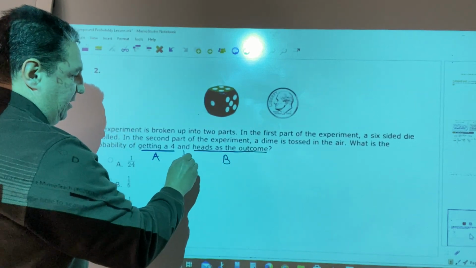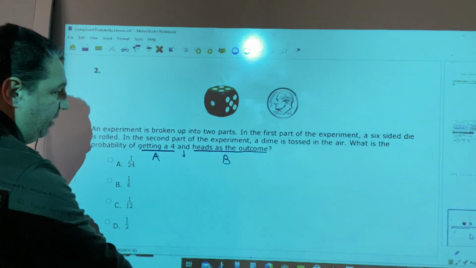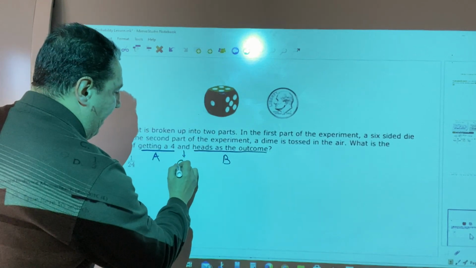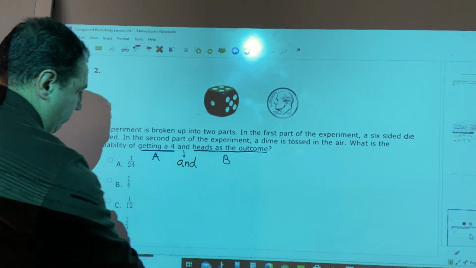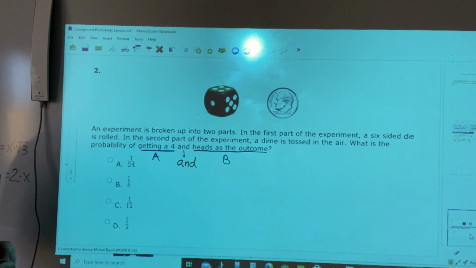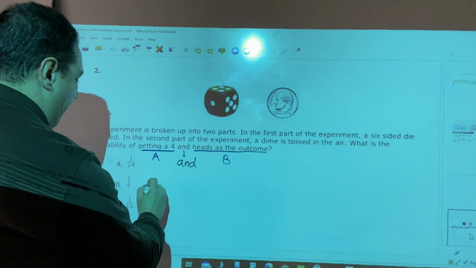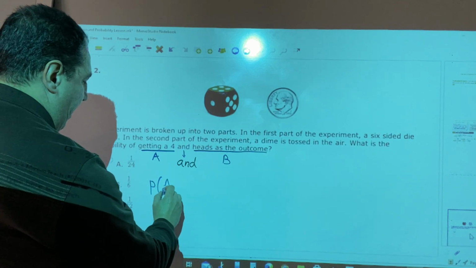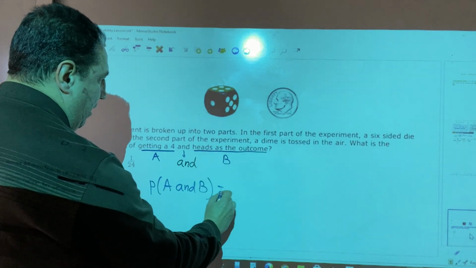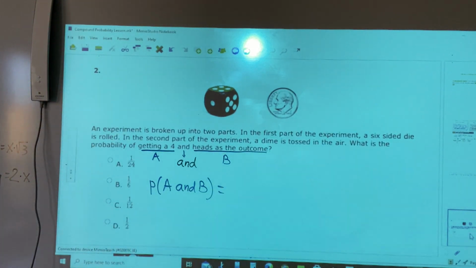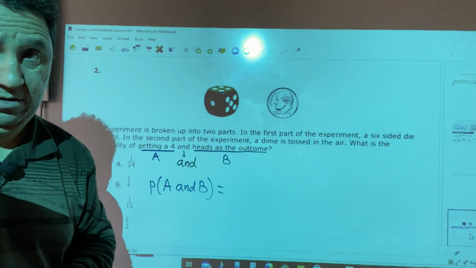Again, these events are related by the word and, so we have to find P of A and B. Of course, these 2 events are independent. Why?